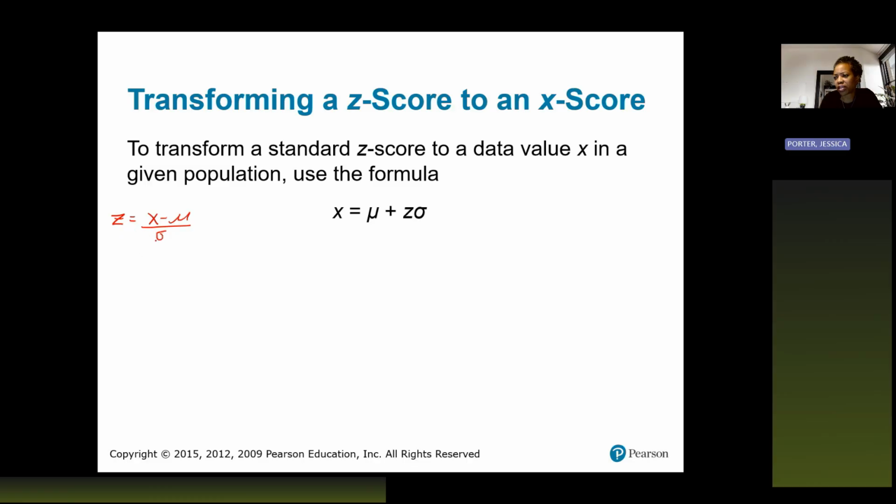So all they did was multiply the standard deviation by both sides, and then they added the mean to both sides. So if you don't remember the formula outright, you can actually derive it really quickly by working backwards to solve for x.